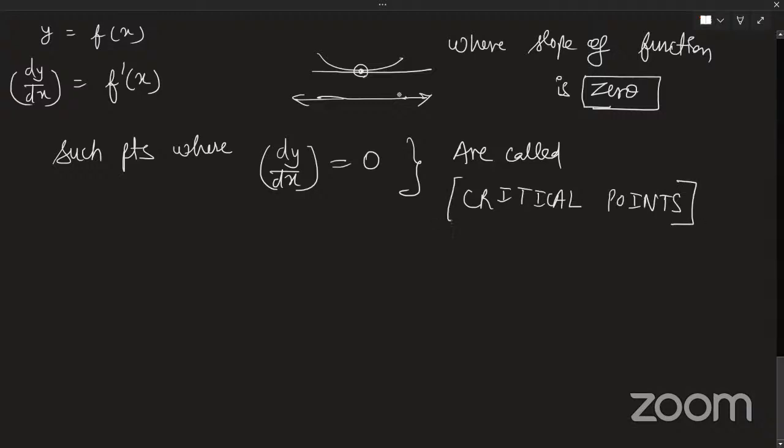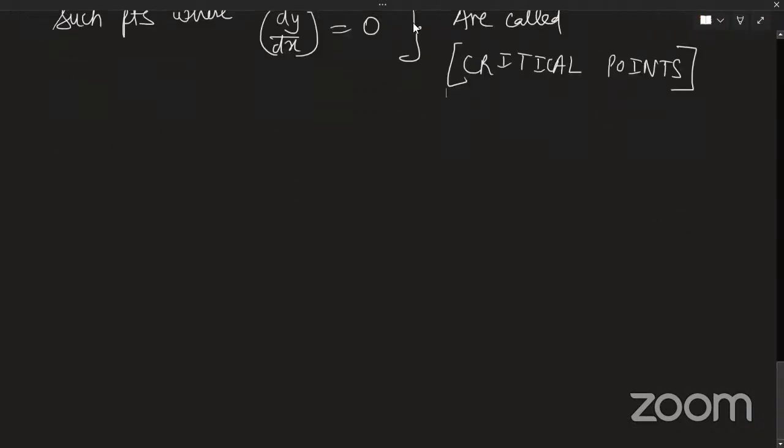Do you get that? These points will tell us something about the function later on, which will be very important for us to know. So, points where dy by dx turns out to be 0 are called critical points.